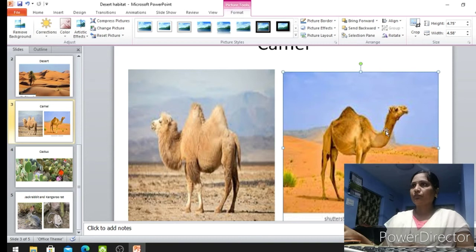And the next point is, people say that there is a myth in our society, a misunderstanding, that the camel can drink water only once and it has a bag in its stomach. It will store the water in its stomach.